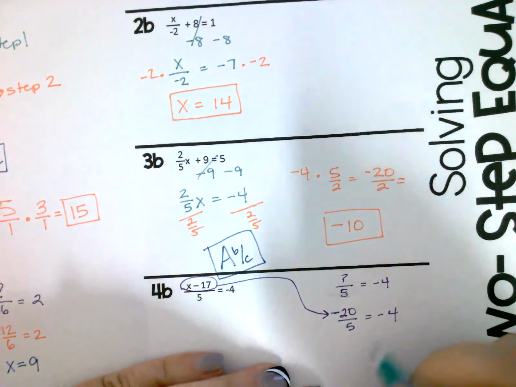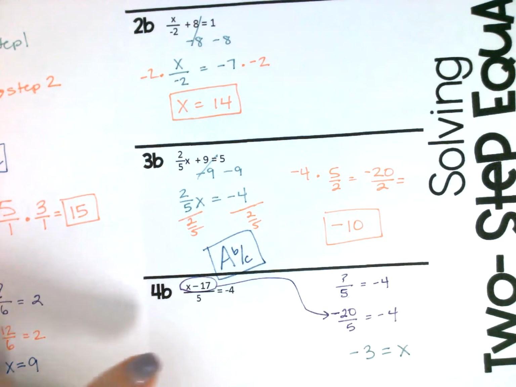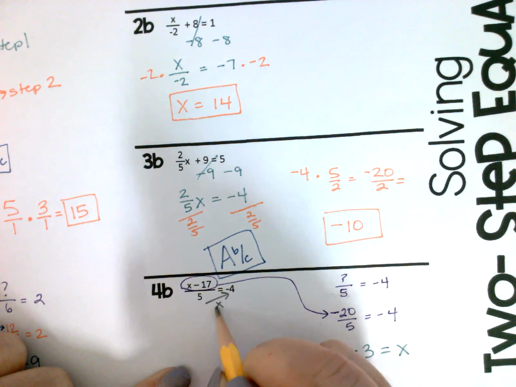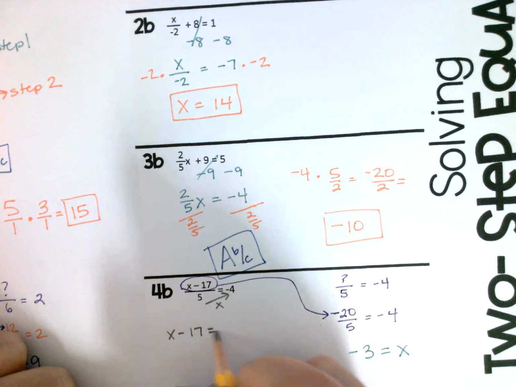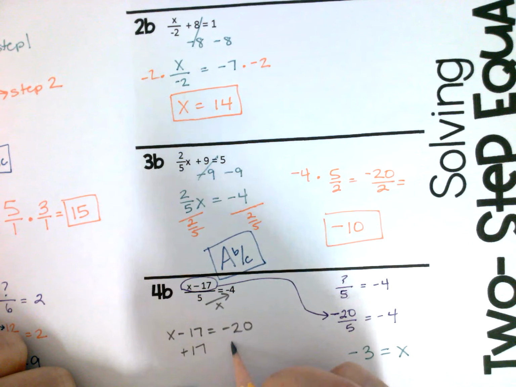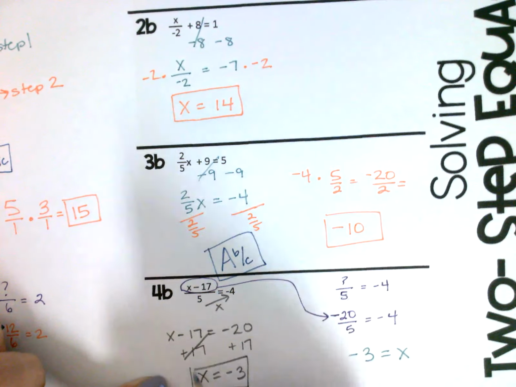It would be negative 3. All right, let's just work that one out. Again, yuck to the fractions. So I'm going to multiply those numbers together. x minus 17 equals negative 20. I'll add 17. I'll add 17. x equals negative 3.